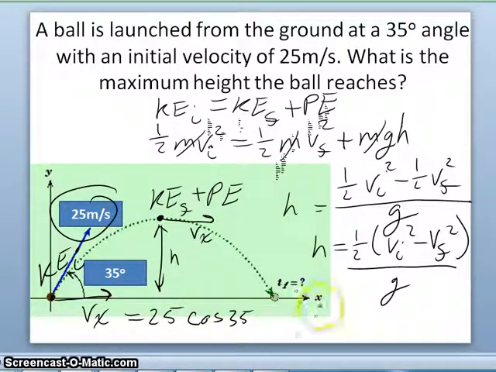I plug all of the numbers into this equation and I get 10.5 meters.